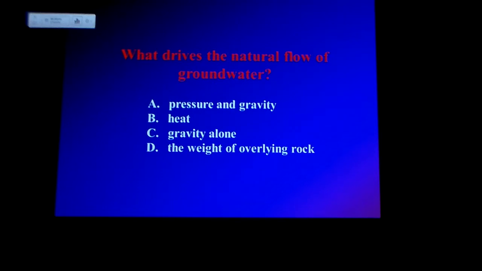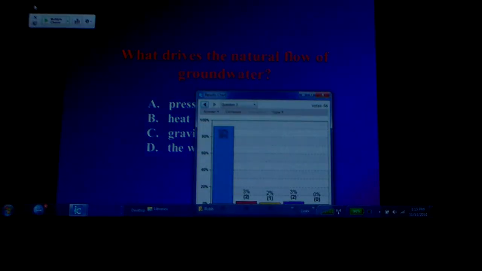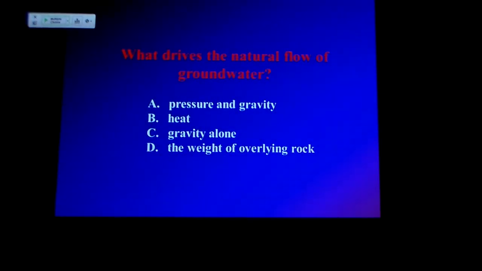All right. Looks like people like A. What is A? Pressure and gravity. Okay. Yeah, basically, that's a pretty good answer.